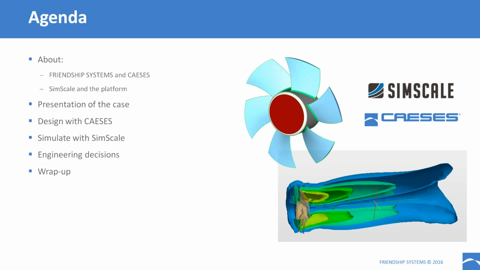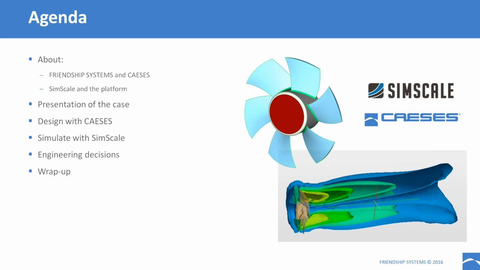So what's on the agenda for today? As I mentioned, we will first give you a short presentation of our companies, Friendship Systems, what we do, and what our software product CAESES is about. And SimScale will also present what they do and the platform that they offer for CAE. After that, I will present the case, the example case that we are going to be looking at today, and start with how we design the geometry for this case in CAESES.